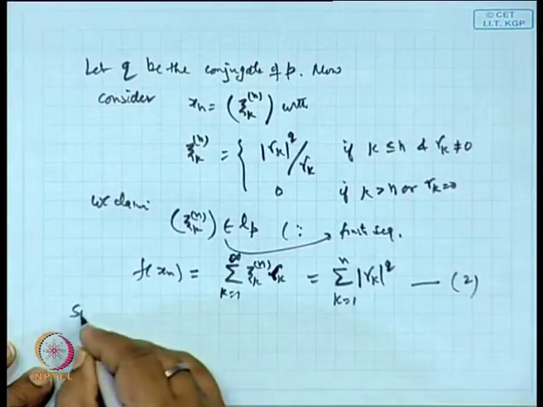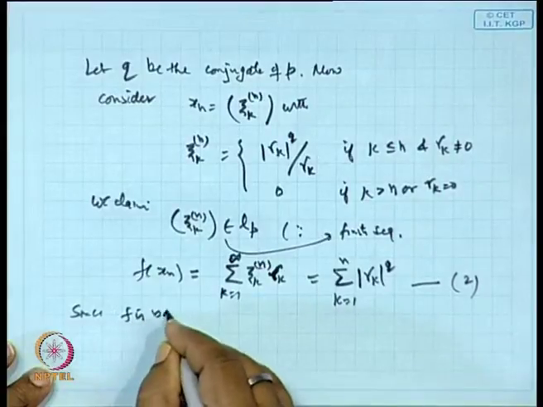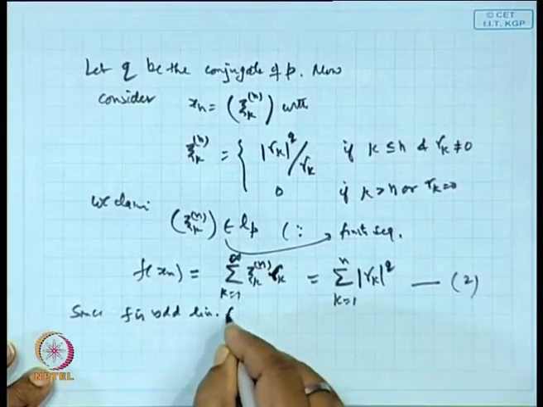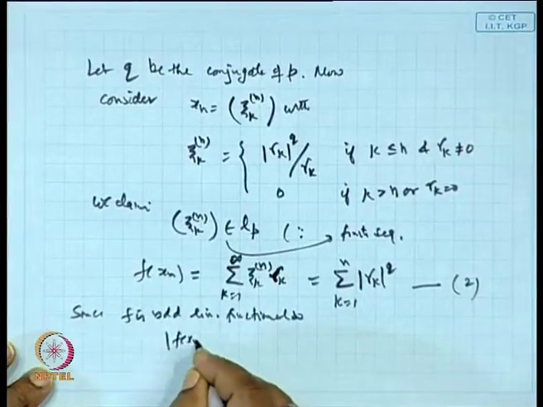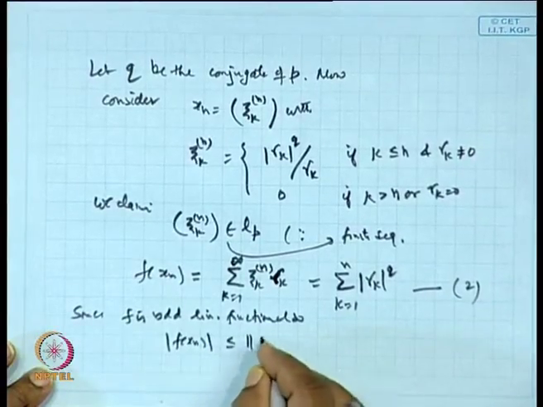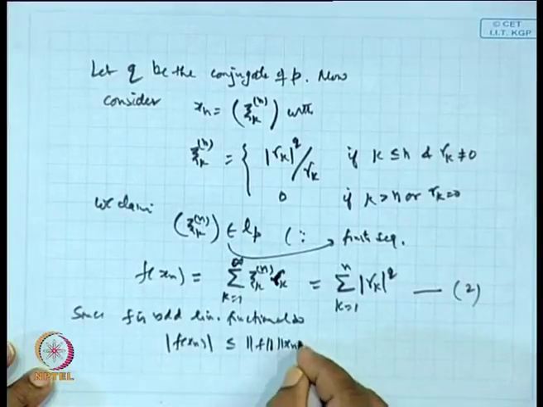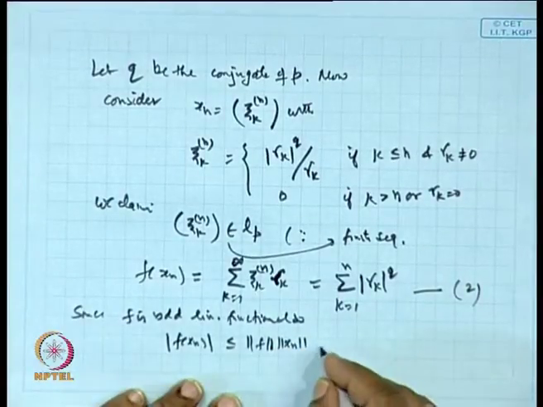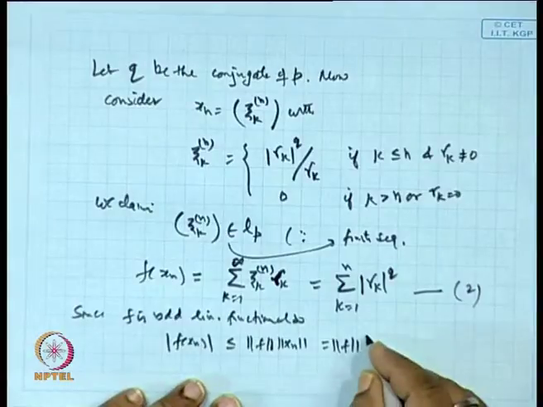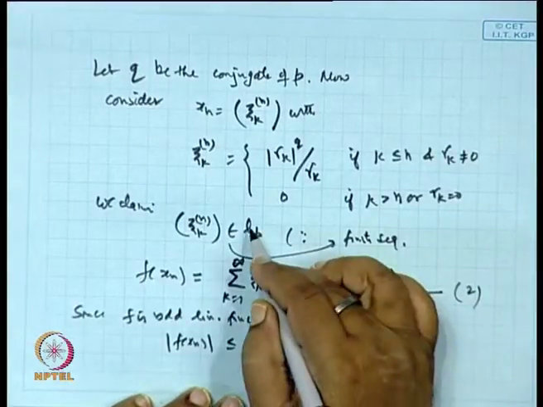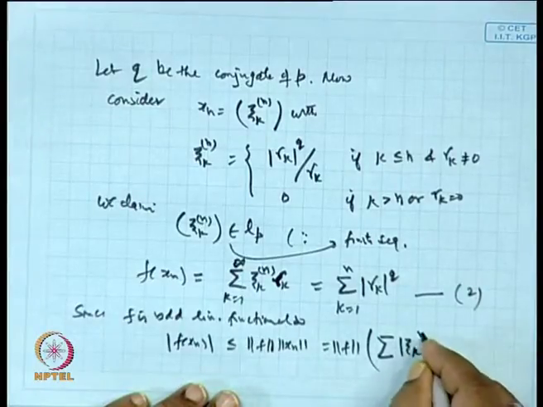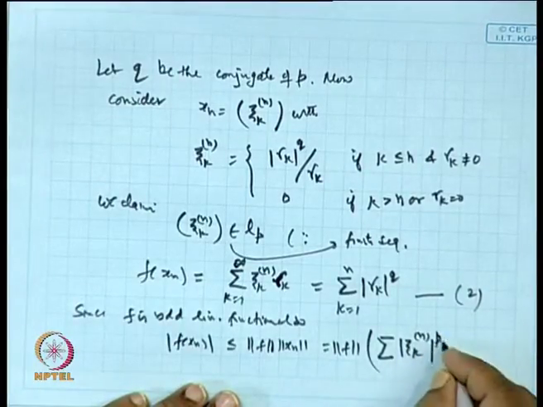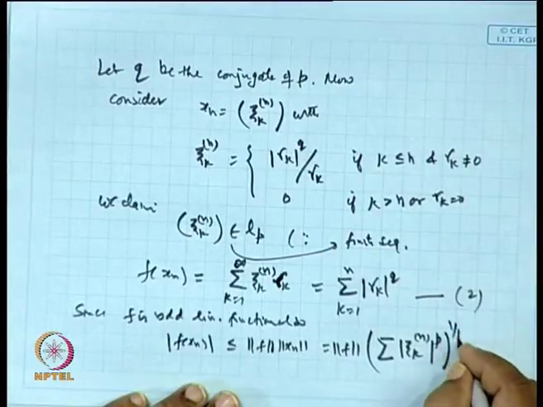Now, since f is a bounded linear functional, by definition mod of f of x n is less than or equal to norm of f into norm of x n. Norm of x n means it is a point in LP, so the norm in LP will be the sum of xi n power p, raised to the power 1 by p.